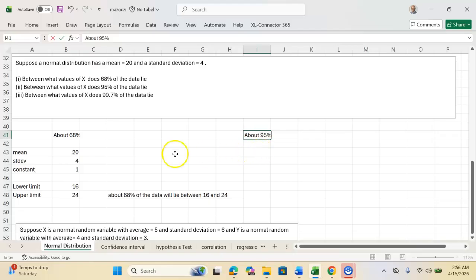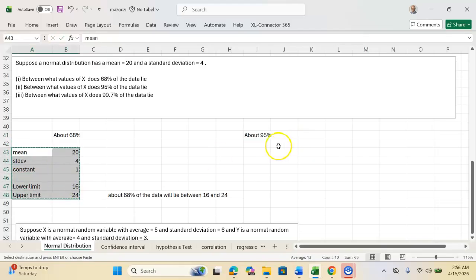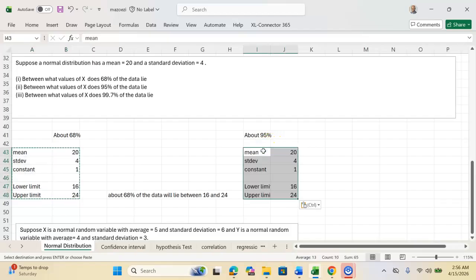So I can copy everything. Let's copy and paste it here. So in this case, you can see that we also copied the functions.